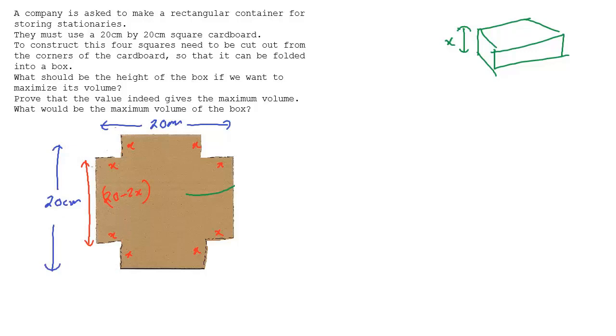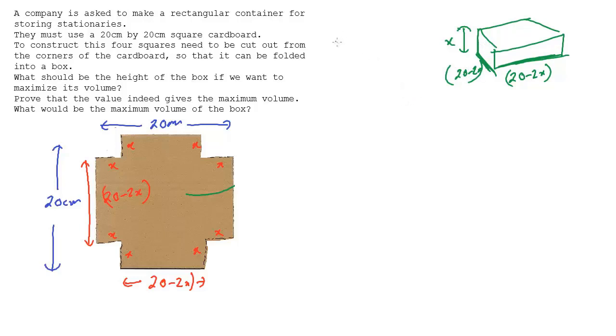If you remove x, this length would be 20 minus twice x. This would also be 20 minus twice x. So when we fold it, this is 20 minus twice x, this is also 20 minus twice x, and the height is x.